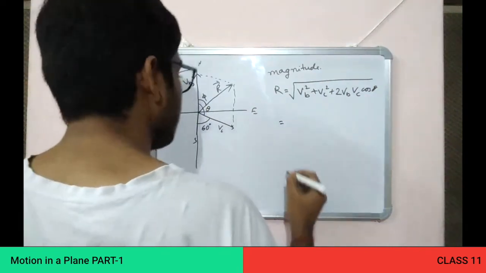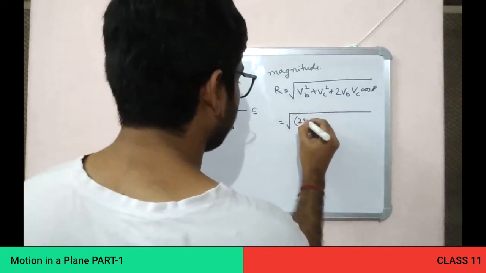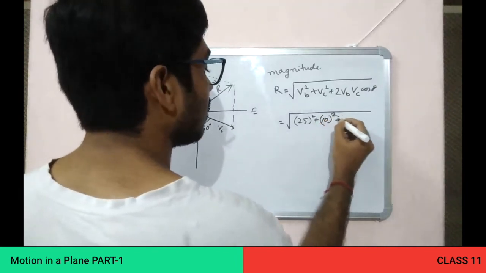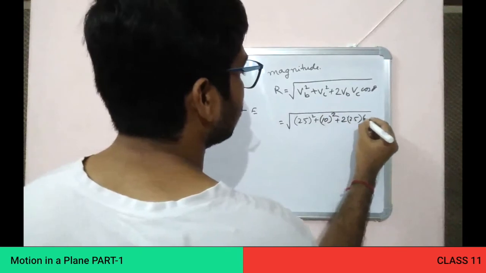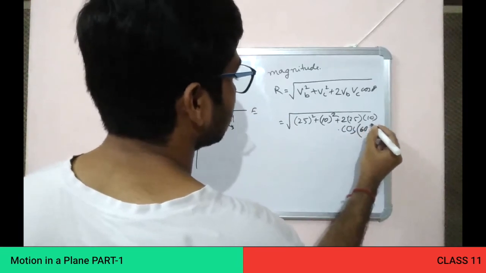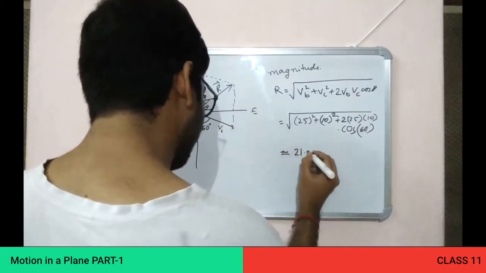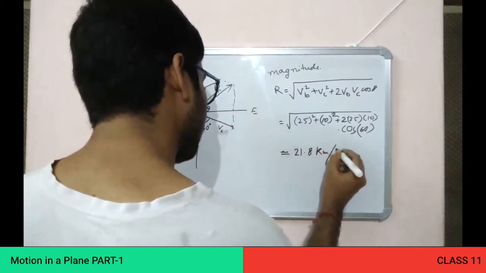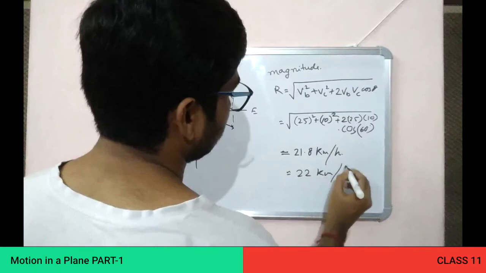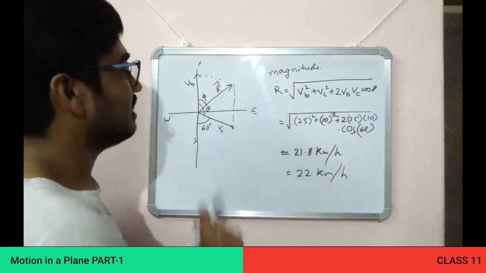This is equal to, VB was 25 km, VC is 10 km, and 2 into 25 into 10 into cos of 60 degree, and this will become around 21.8 km per hour. So you can write it 22 km per hour. This is the magnitude of the velocity of the boat towards this R direction.